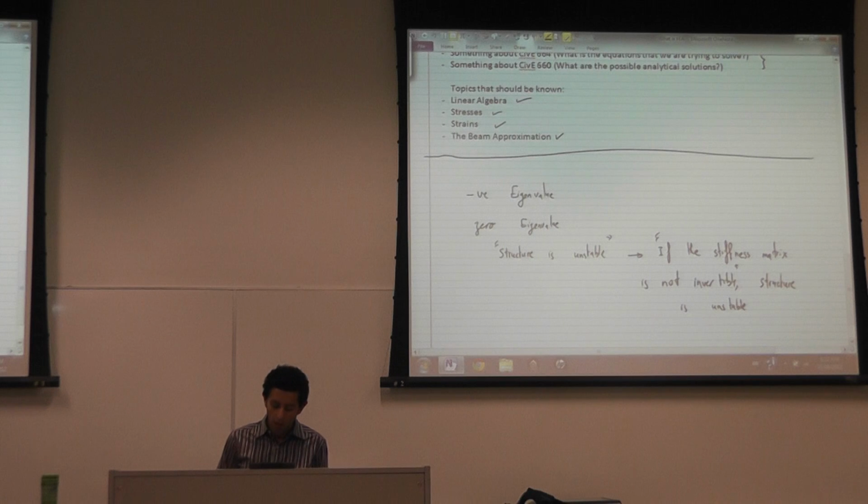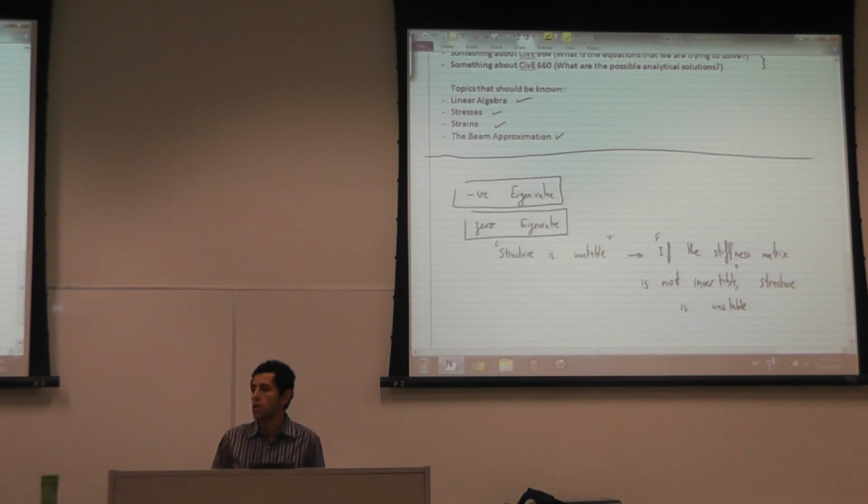The stiffness matrix not being invertible is also equivalent to zero eigenvalues. Negative eigenvalues just mean that the structure is softening. We will study this closer to the end of the course. The structure is softening means that if I'm applying P and I'm measuring the deformation of the structure, negative eigenvalues mean I'm increasing the deformation, but the force that I'm actually applying is decreasing.